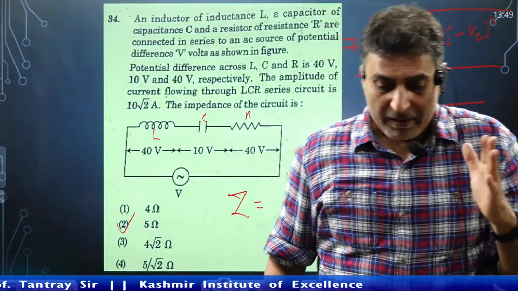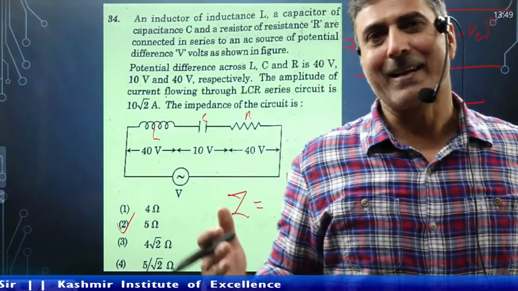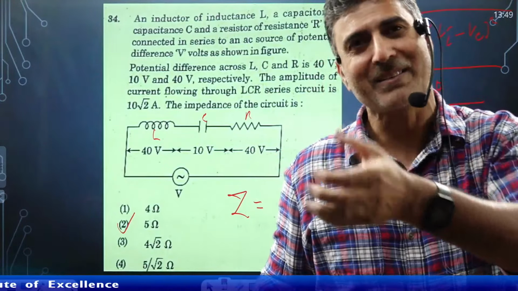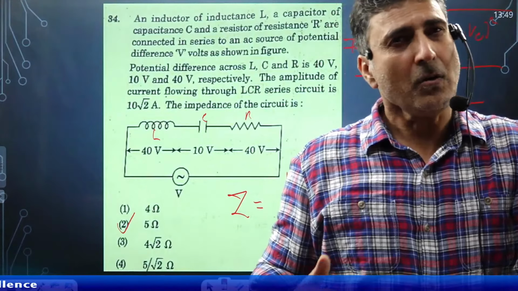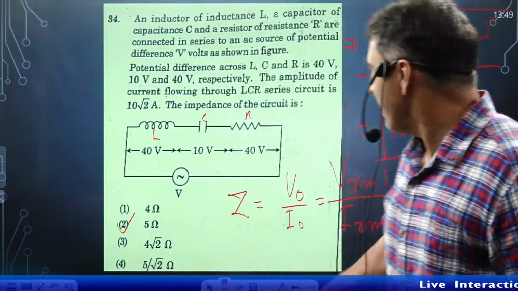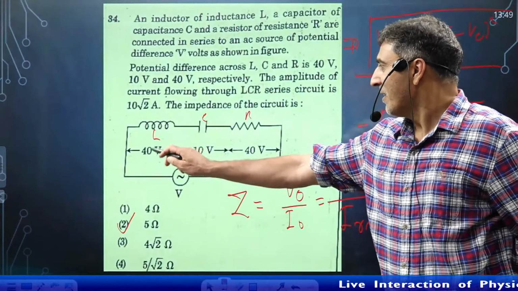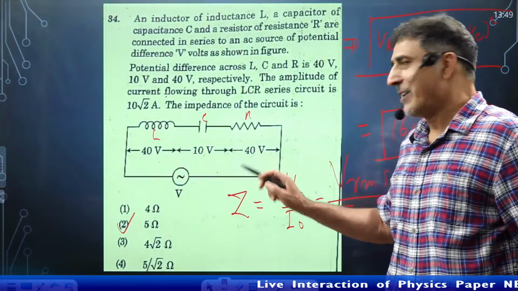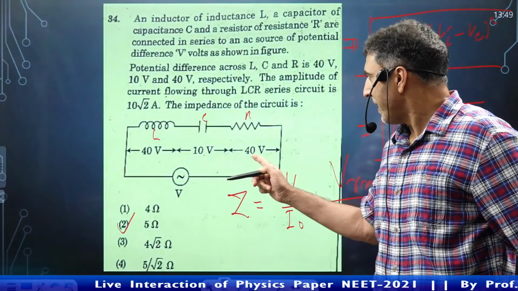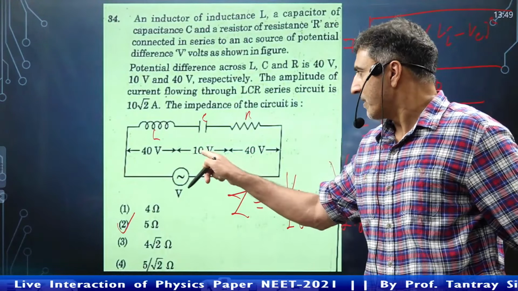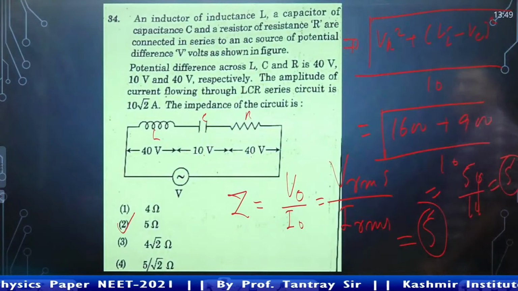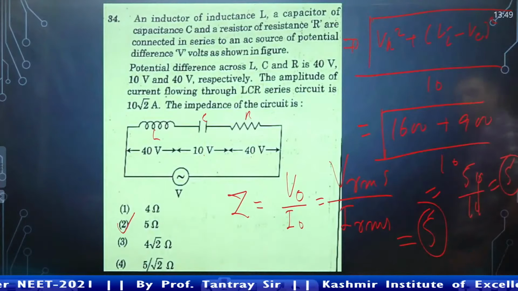Because in AC circuits, there's a phase difference between current and voltage in the inductor, capacitor and resistor, so you can't write a simple sum of the three voltages as in DC. So here VRMS applied is not 40 plus 10 plus 40. No, it is root of 40 square plus 40 minus 10, that's 30, square of that, root of that. You may have learned that in your classes, but I will solve this question like this.